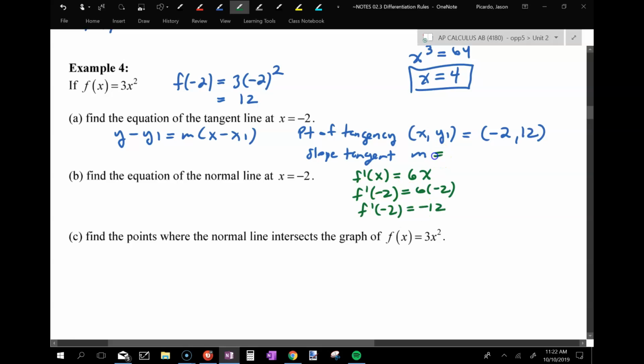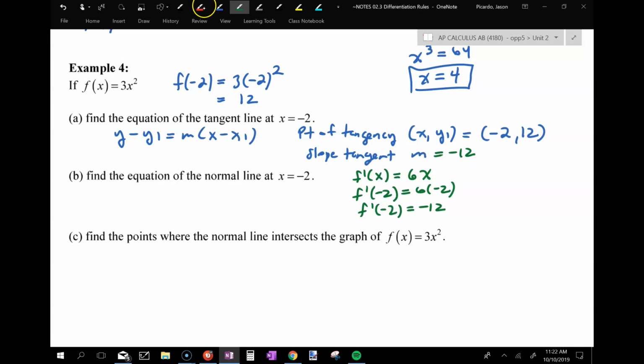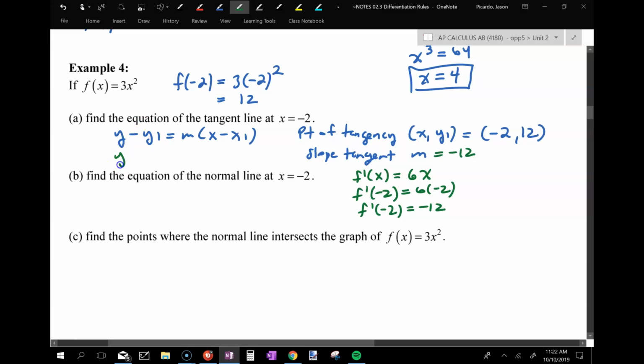All right, so now we have everything that we need. And so our final answer is going to be y minus 12 equals -12 times x plus 2, because it's minus negative, right?